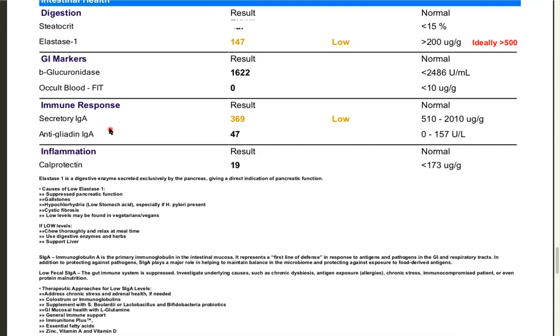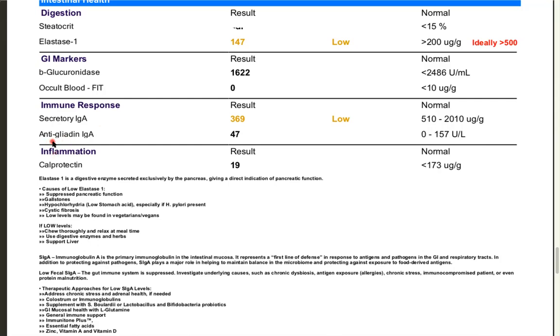We could also add in multi-strain probiotics or S. boulardii. And then we can also add in things like L-glutamine to help build up that nice layer of immune health, as well as things like essential fatty acids, fish oils, zinc, vitamin A, and D.